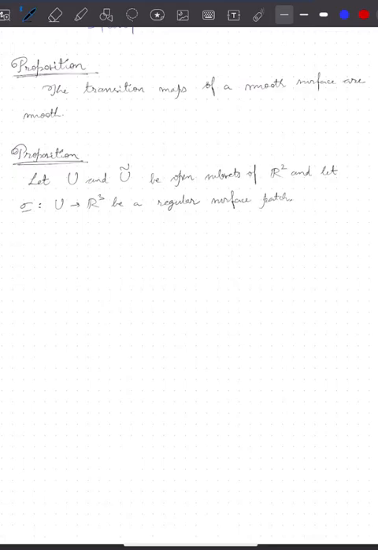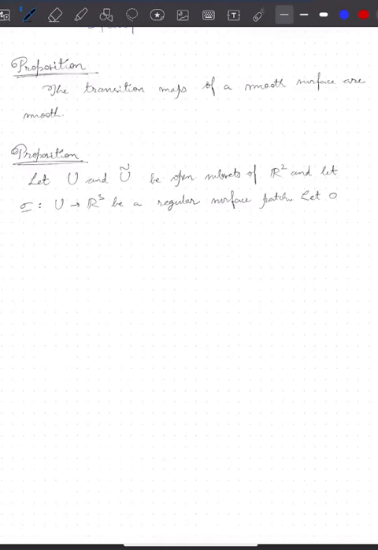Let U and U bar, or maybe you can call it U tilde, be open subsets of R2, and let sigma from U, a mapping from U to R3, be a regular surface patch, right?